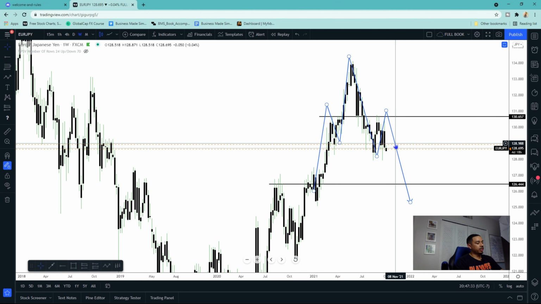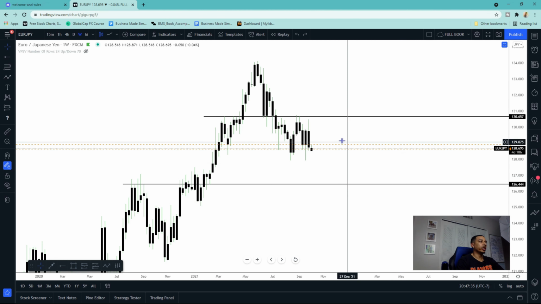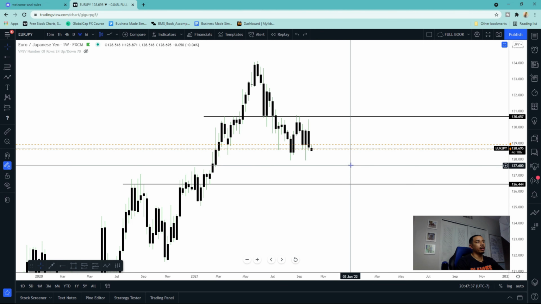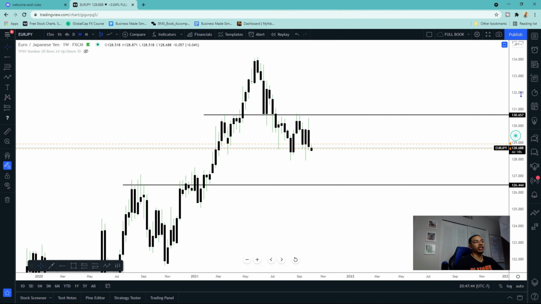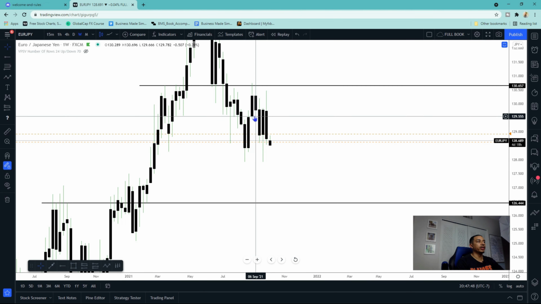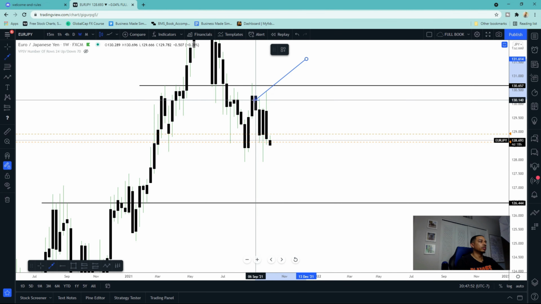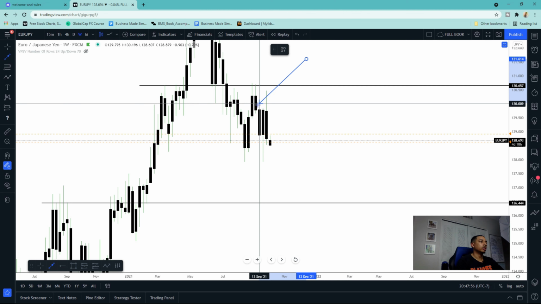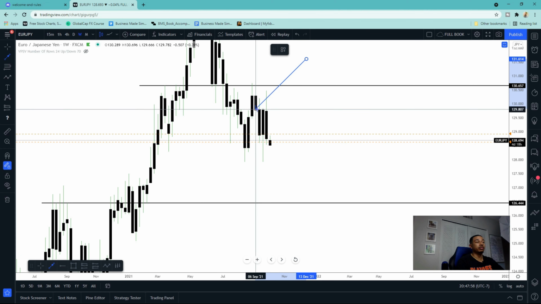Based off what the market is showing me in the weekly, there are quite a few rejection candles, guys. What I mean by rejection candles is that you have this candle right here, strong movement back up to my horizontal line, and then the very next candle comes all the way back down and pretty much engulfs 75% of that candle.